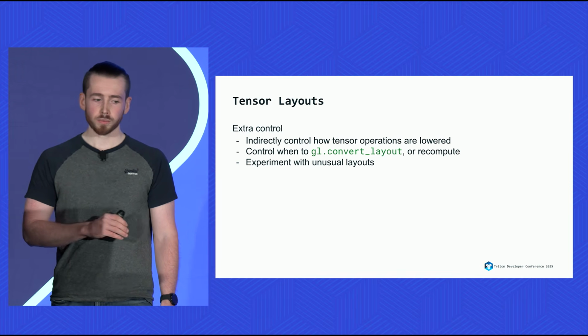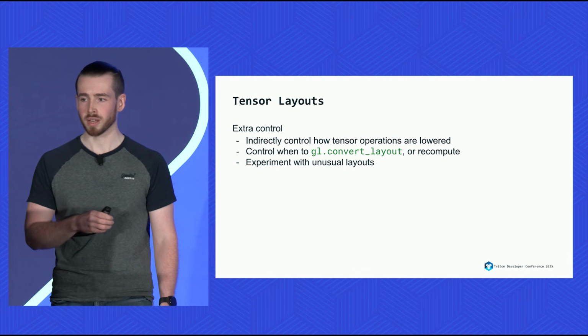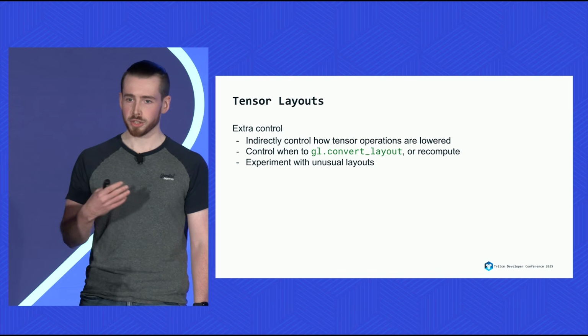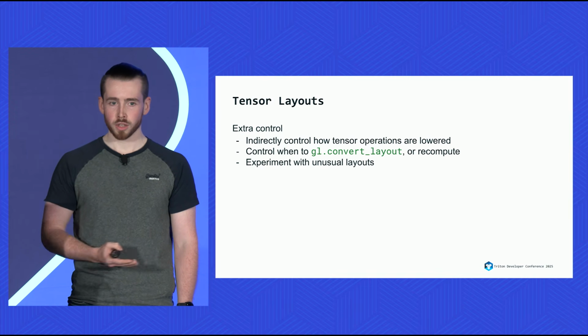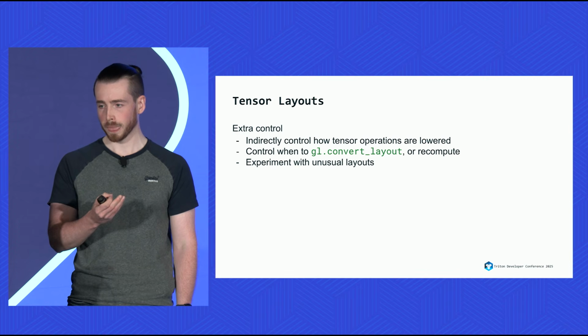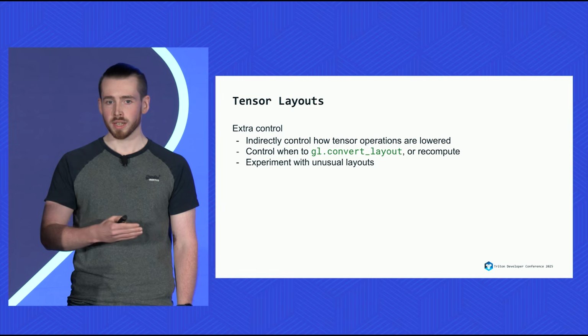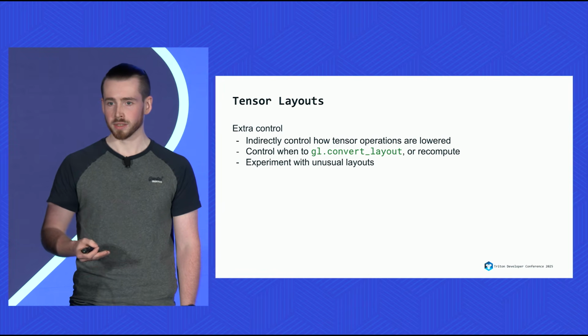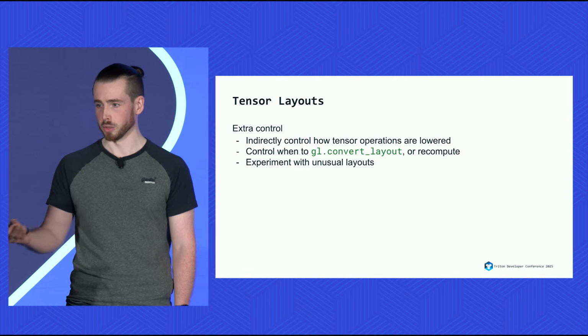So with the layout specified for your given operation, it pretty much defines how we're going to lower that into LLVM code. So there's no real heuristic that's based on the rest of your code. You're directly specifying one variable that is involved in how that's going to get lowered.